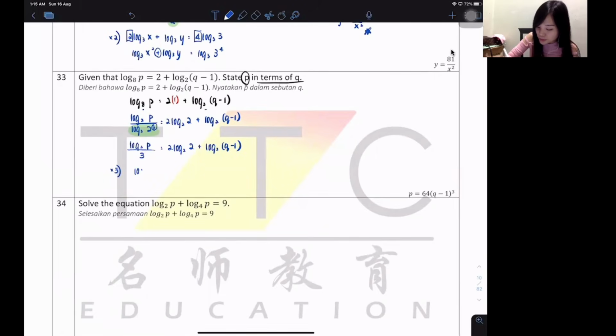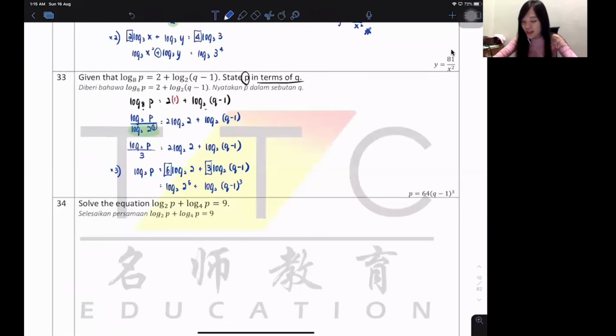The first one times 3 is log 2p. 2 times 3 is 6. This one times 3 is 3 log 2q minus 1. This is what I get for now. Can you understand? So again, all same base, no more fraction, but the number is blocking me. Where can it go? Bring it in front, bring it to the top. Isn't it like that?